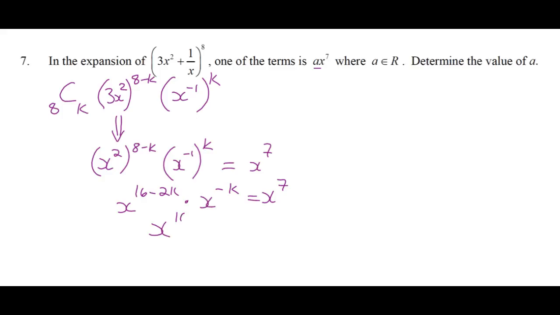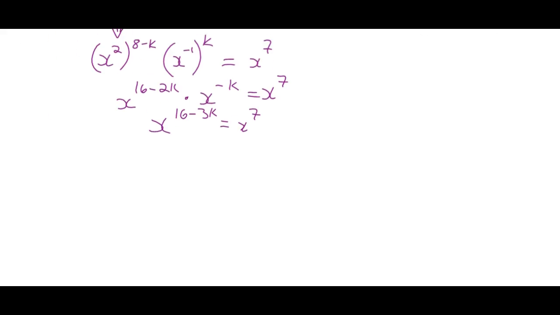X to the what? 16 minus 3k is x to the 7th. Okay, so now what do we say? 16 minus 3k. Yeah, you could log both sides, but don't. When you have x to the something is x to the something different, the exponents must be equal. So we know that 16 minus 3k is 7.